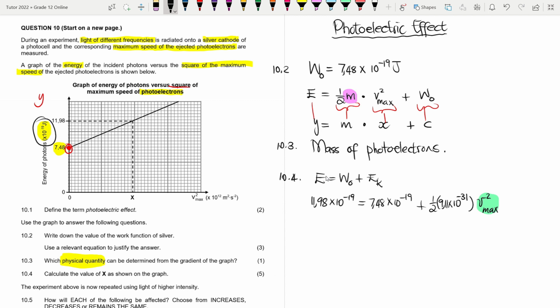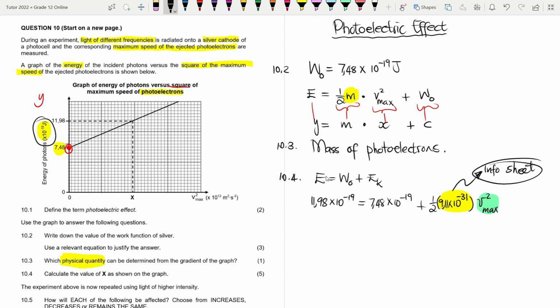Where did you get the mass? Remember it's the mass of an electron, and does the mass of an electron actually change? Doesn't change. It's a constant, so that's from the information sheet.